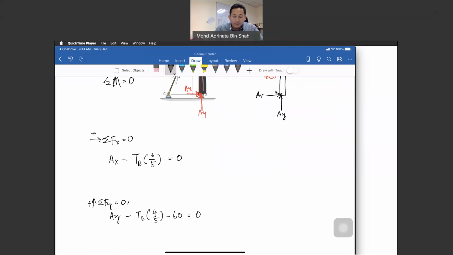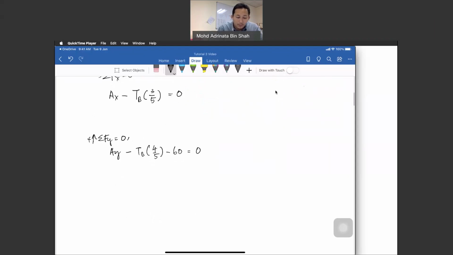Okay, if we solve this one, how many unknowns do we have from the equations? We have three unknowns for two equations, which is Ax, Ay, and TB. So we cannot solve this problem. So another equation of equilibrium is sigma M equals to 0, counterclockwise positive.